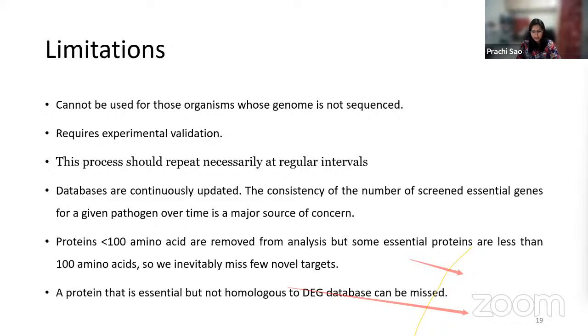The third thing is you have to repeat this process regularly to conclude that these are important, because the databases keep getting updated, so results may vary every time. To conclude a solid target, we have to repeat this study at a few intervals and then conclude our results.